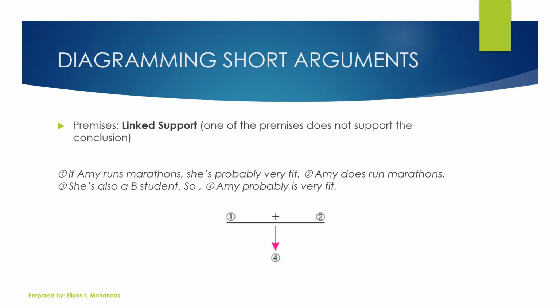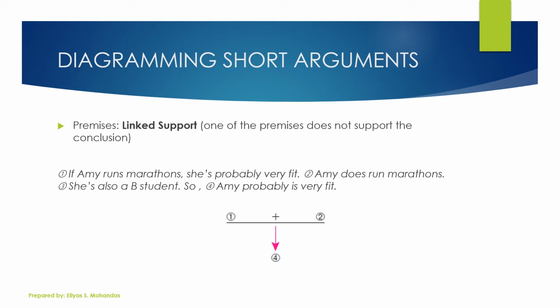So we have an example here. If Amy runs marathons, she is probably very fit. Amy does run marathons. She's also a B student, so Amy probably is very fit. The first thing that you need to do is, of course, to number each statement. As you can see here, we have about 4 statements, and after the word so is basically the conclusion.